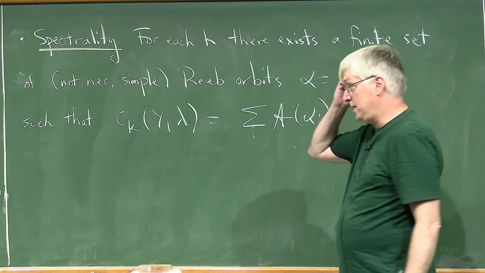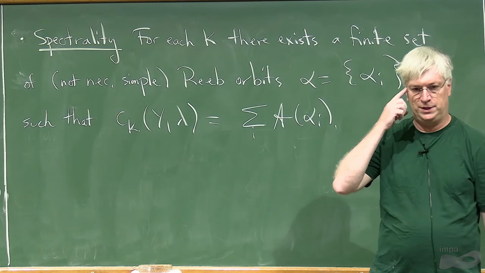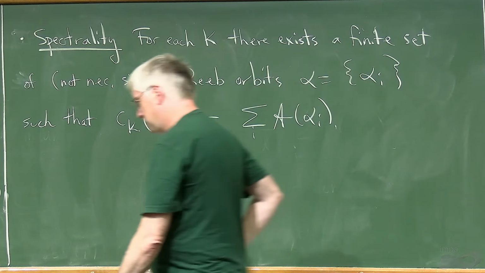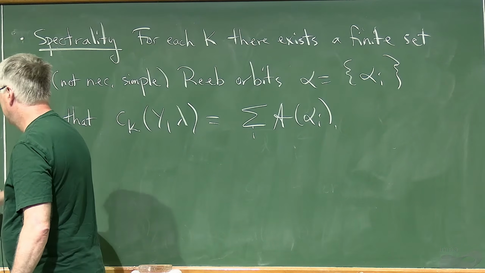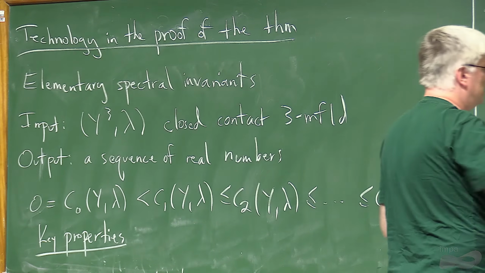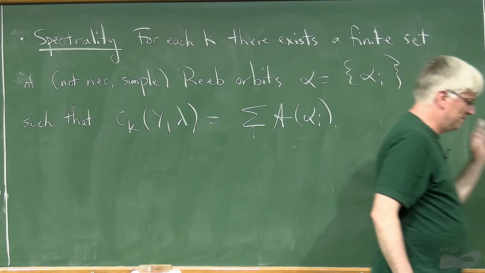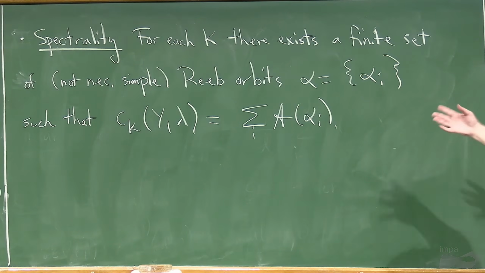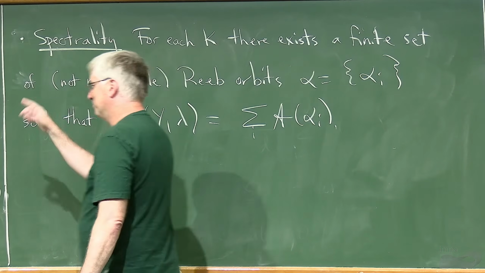So each c_k is the total action of some set of Reeb orbits. And in this context, well, anyway, this is a non-trivial statement. I mean, this implies the Weinstein conjecture in 3 dimensions. So it's not completely elementary.